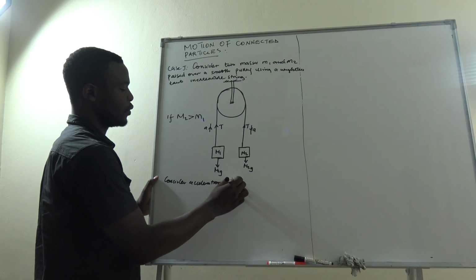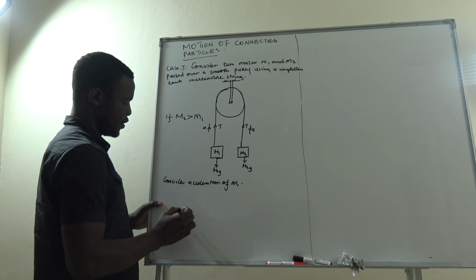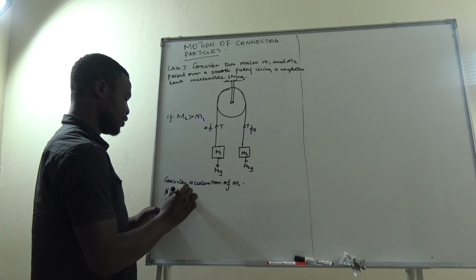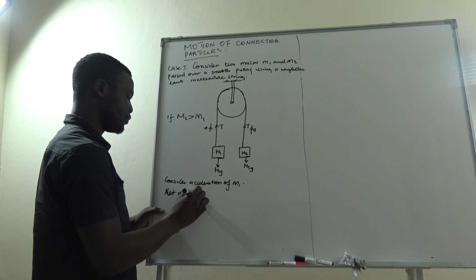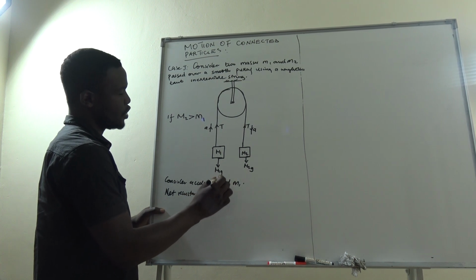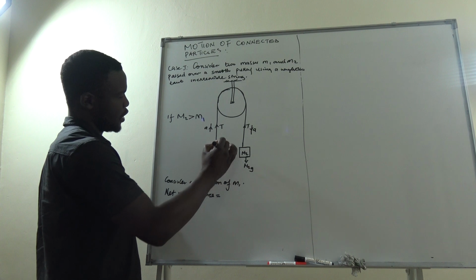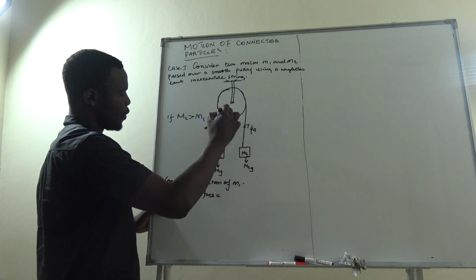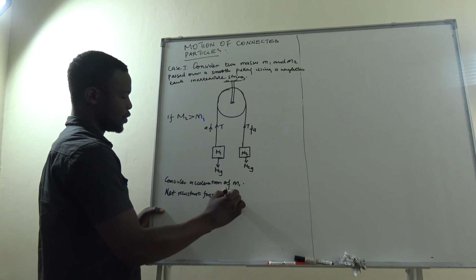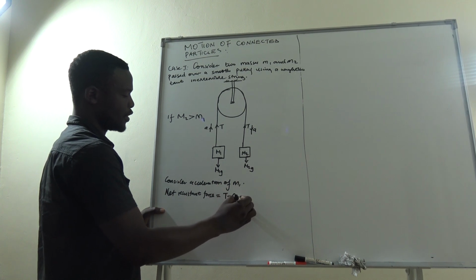Let us consider acceleration of M1. Now, we know that if this body is moving upwards, then the net resultant force should be tension minus M1G.